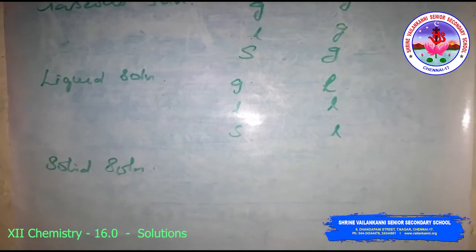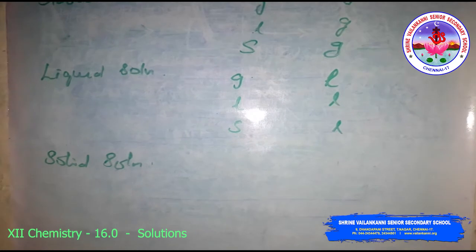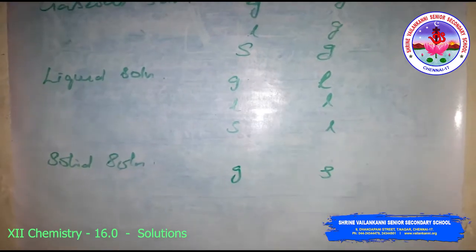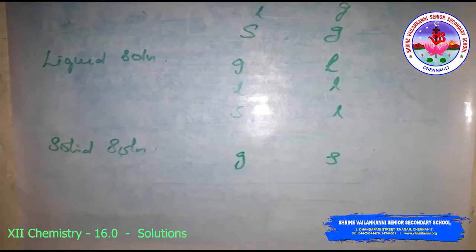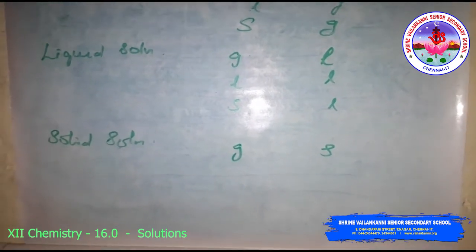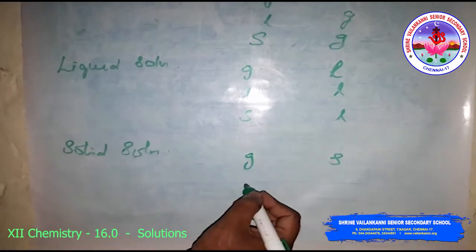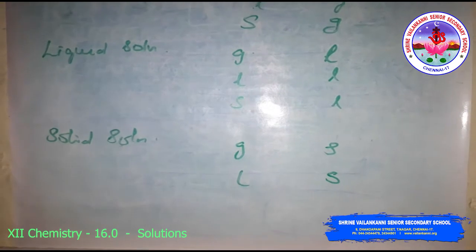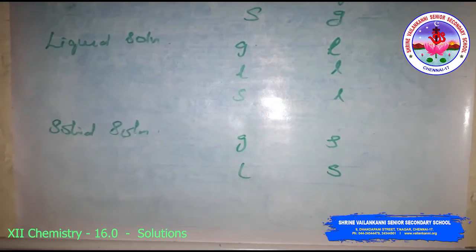Then the last one is solid solution. In solid solution, the solute is gas and the solvent is solid. An example is a solution of hydrogen in palladium. Then the solute is liquid and the solvent is solid. This is the amalgam of mercury with sodium.